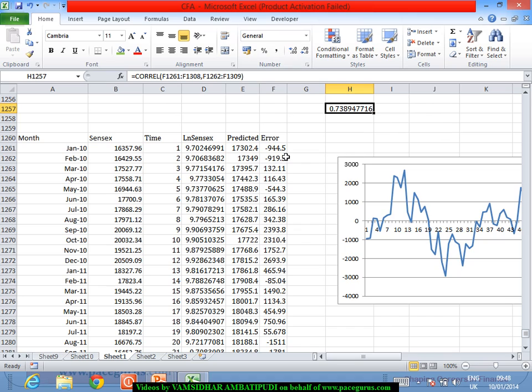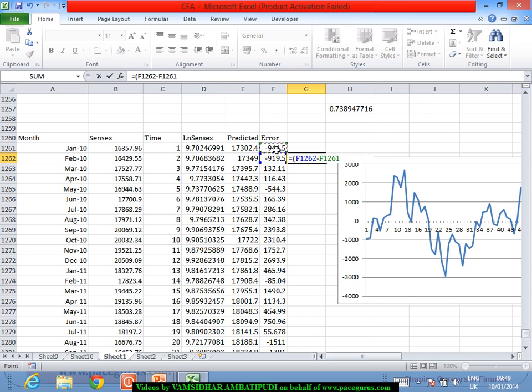What you do is take the time lag of the error also. For each period, you take the current period error, and we can start from the second period onwards, the current period error minus the previous period error.